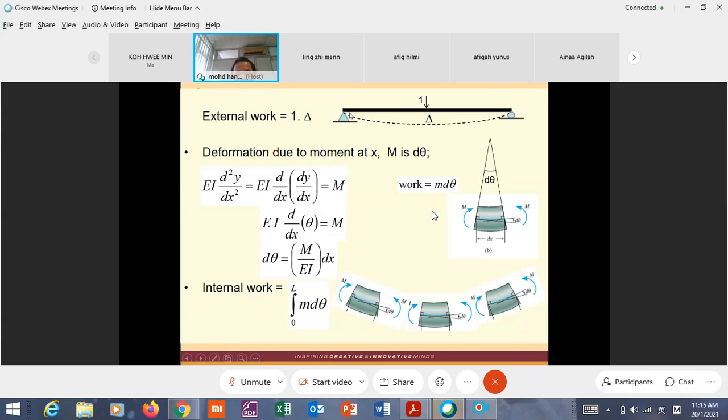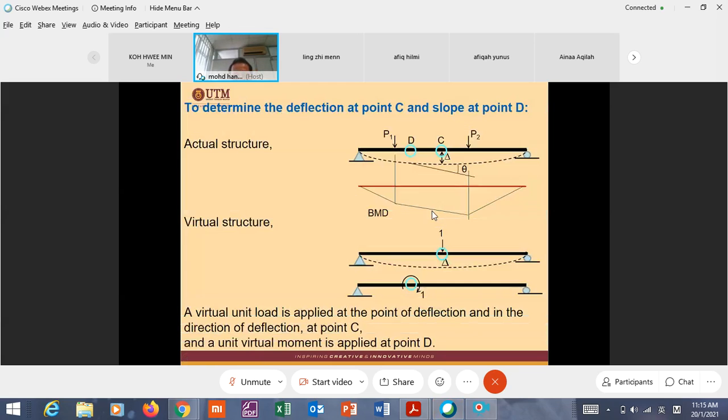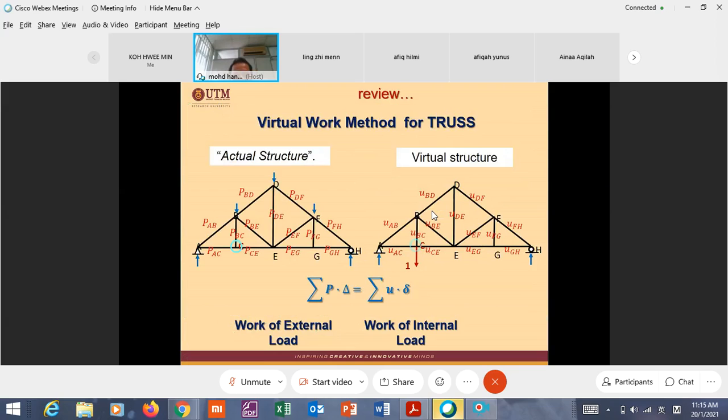Now the whole structure is divided into many portions, many elements. We call it finite elements. 1, 2, 3, maybe 100. Similar to truss, this truss is divided into many members. In this case, how many members? Maybe 10 members.